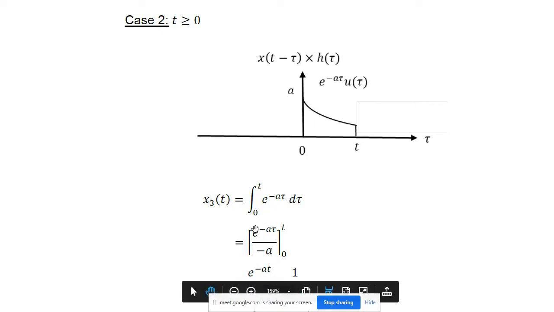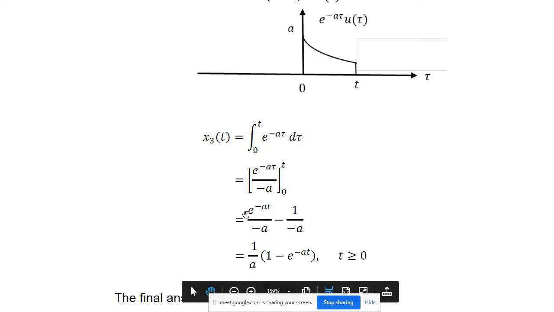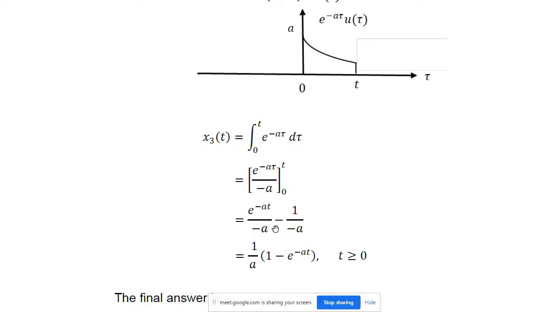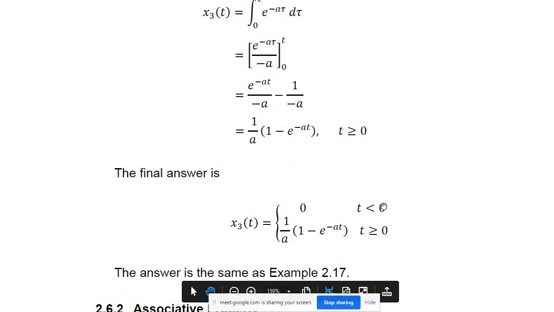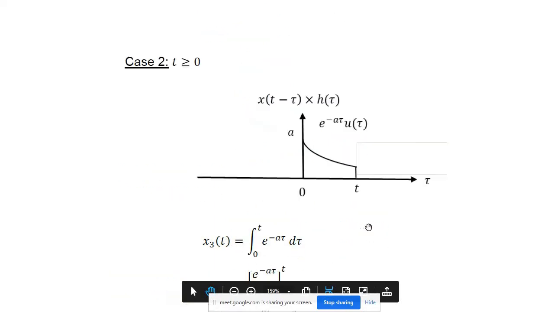You integrate this one and obtain e to the negative a tau divided by negative a, minus 1 because e to the 0 is 1 when you substitute tau with 0, all divided by negative a. So you obtain 1 over a times the bracket 1 minus e to the power of negative a t. Then you write down the final answer and check again: is this final answer the same as the previous one?